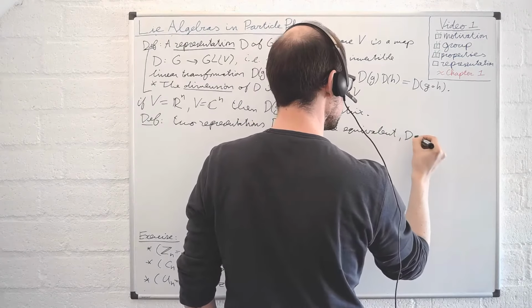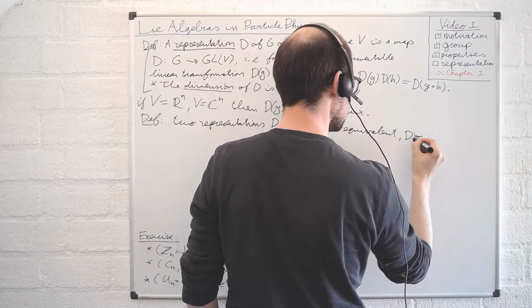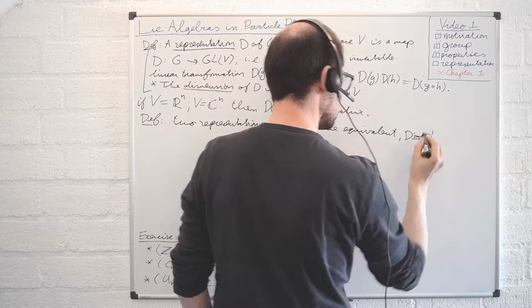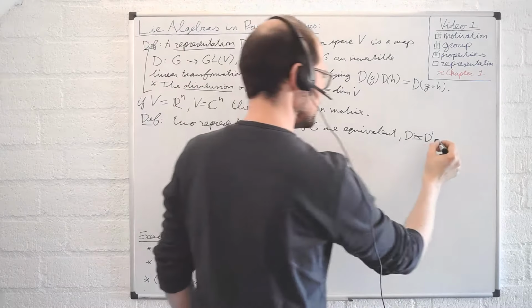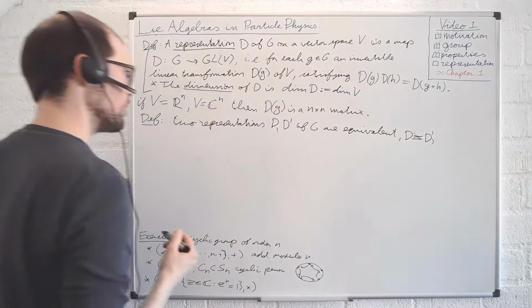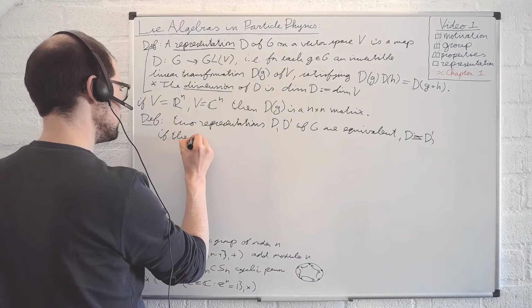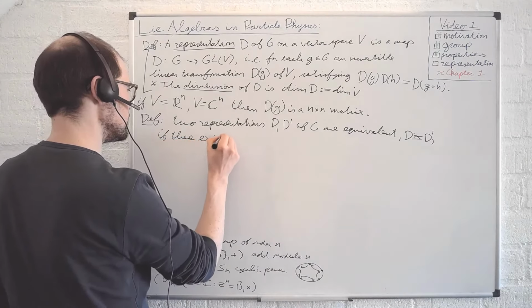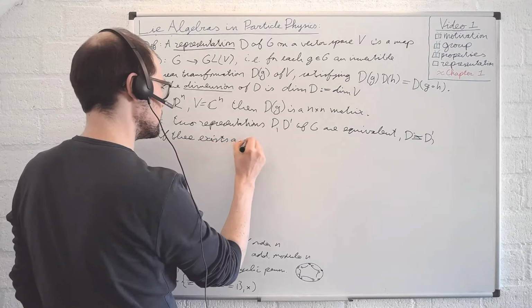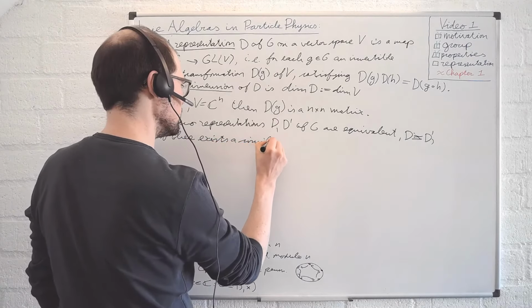So this is denoted with this wiggly equal sign, D equals D prime, if there exists a similarity transform.